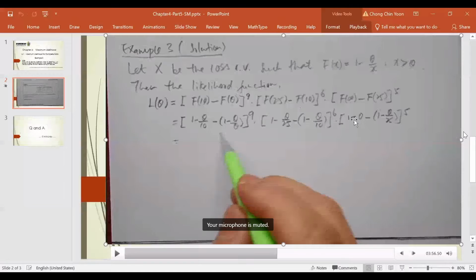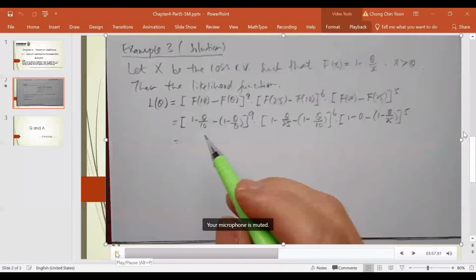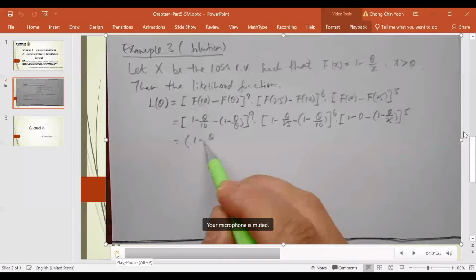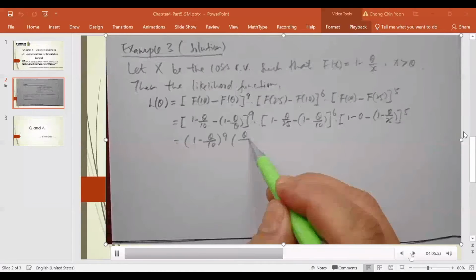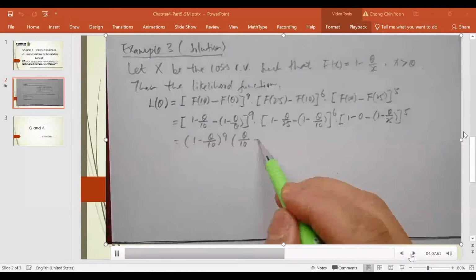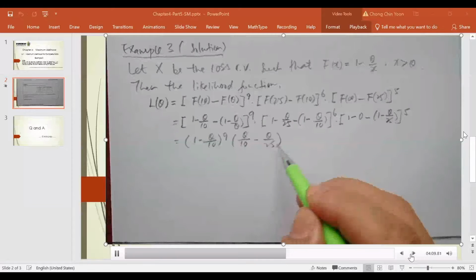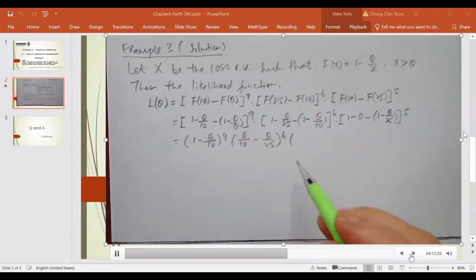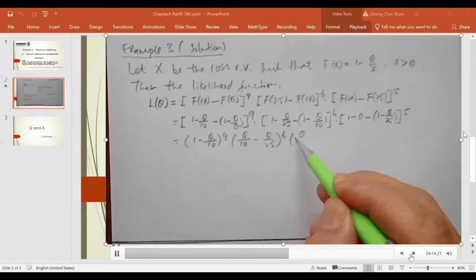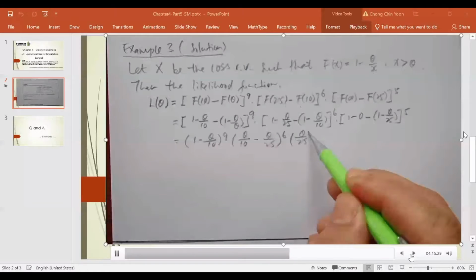Next. This, we will have 1 minus θ over 10 to the power of 9, and this is θ over 10 minus θ over 25 to the power of 6, and this is θ over 25 to the power of 5.